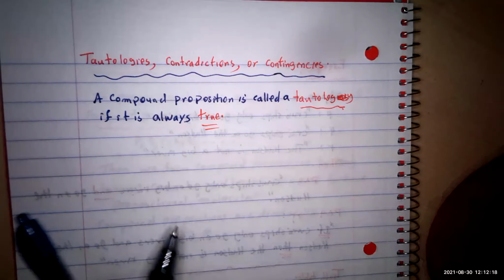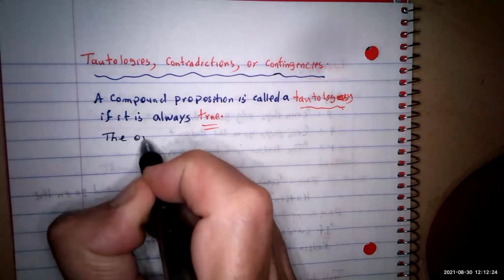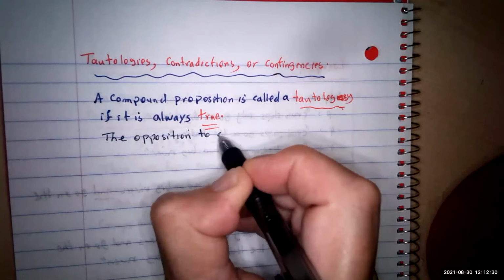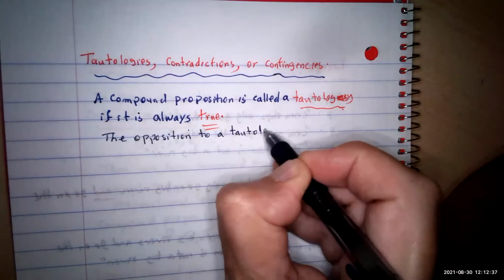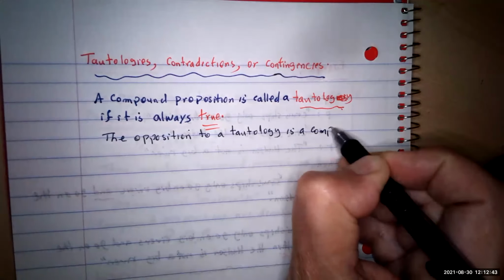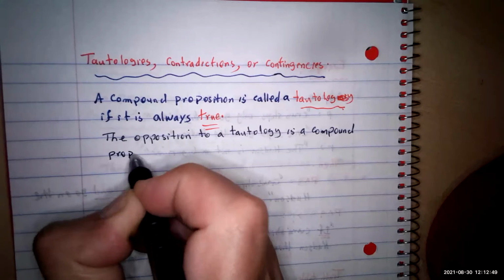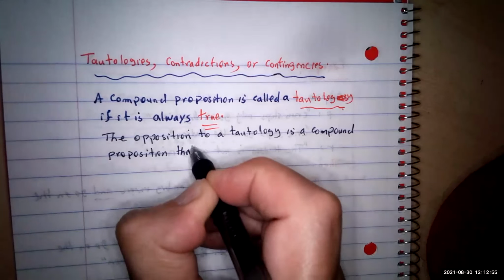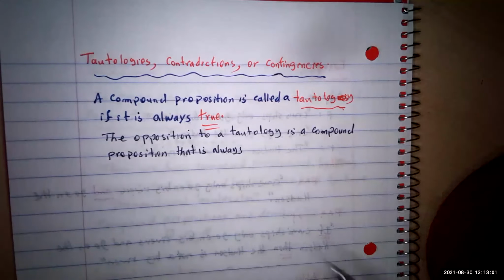The opposite of a tautology is going to be, of course, a compound proposition that is always false.